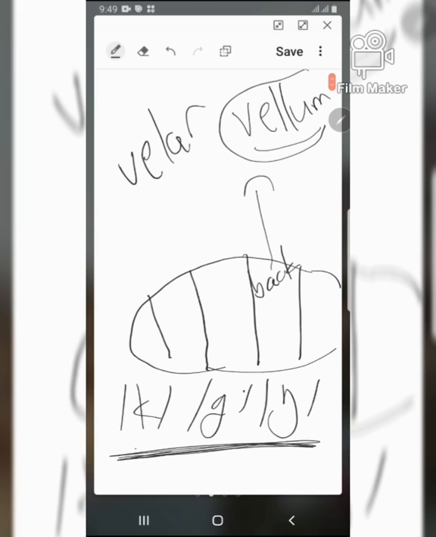Velar means, if I translate it in Arabic, velum here is the soft wall in the roof of the mouth, and velar means the sounds that come out from the soft wall of the mouth.